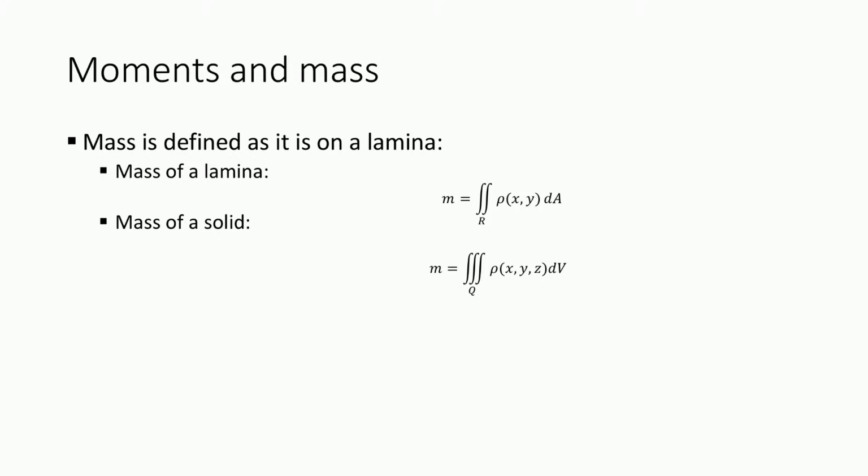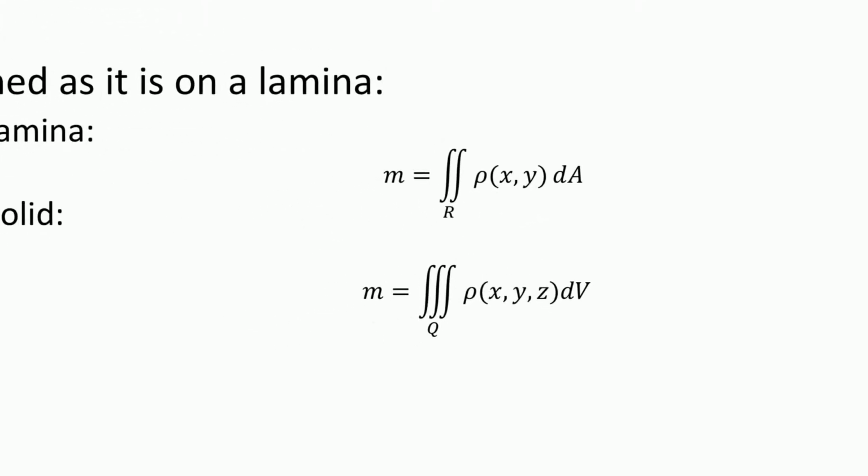And this density here is the actual 3-dimensional density, mass per unit volume, not mass per unit area. So the mass is the triple integral, and this is a variable density. So you might have some object that is more dense on the outside than on the inside.